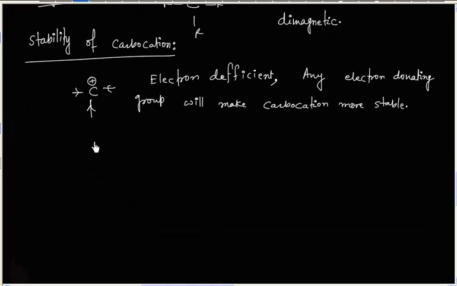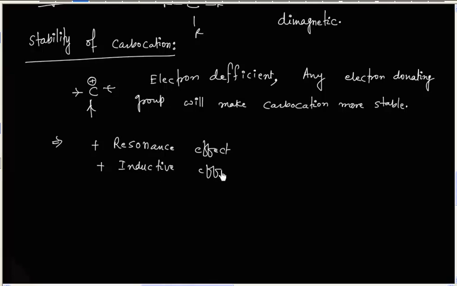An electron donation can be done by plus resonance, that is, electron can be given by resonance effect. It can be given by plus inductive effect.